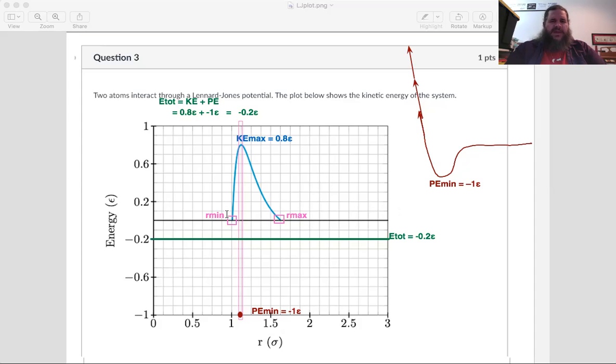So at those two locations, kinetic energy is 0. And going back to the E total setup, if kinetic energy is 0, what does that tell you?